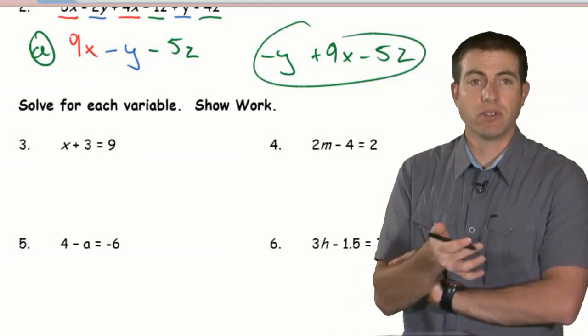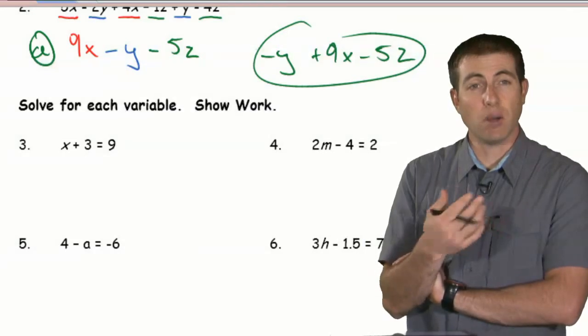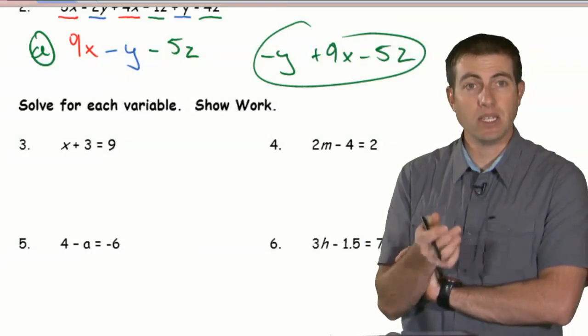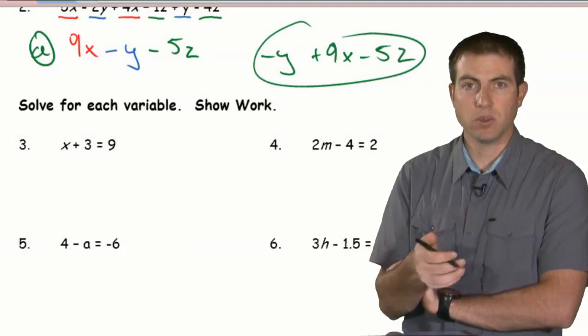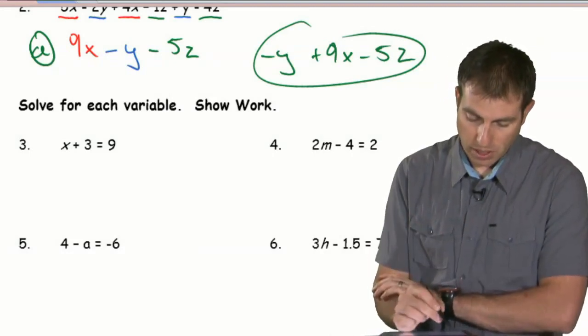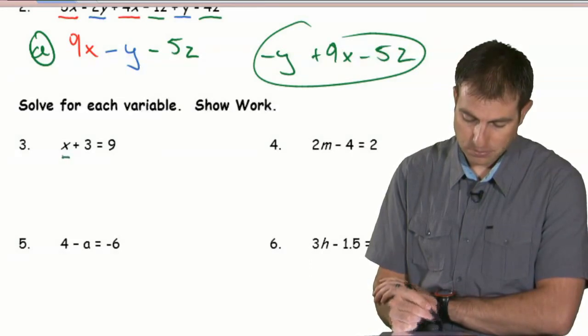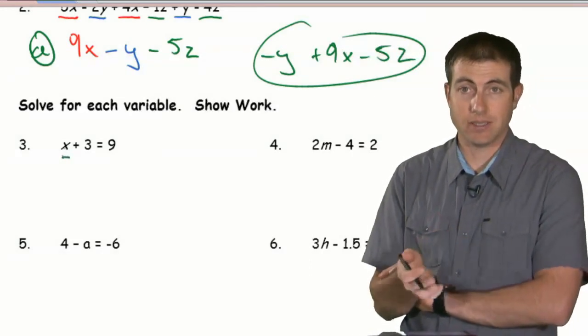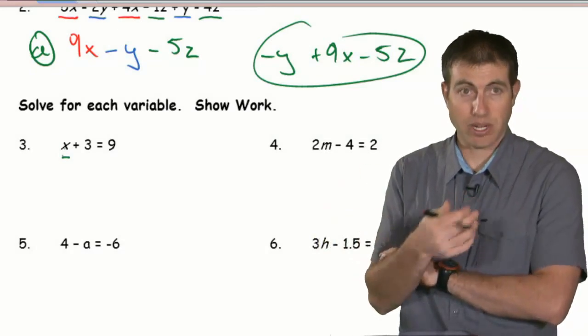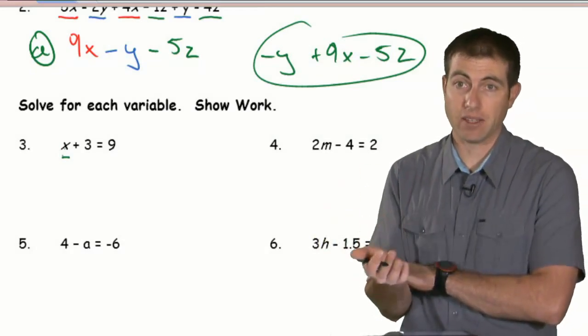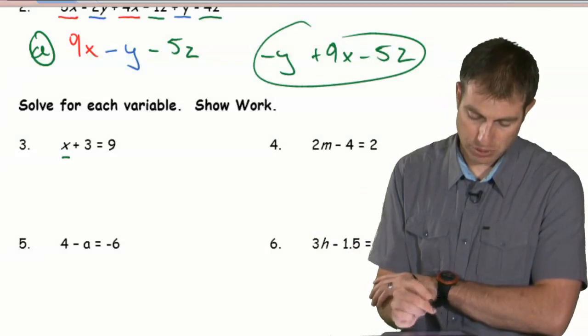Anytime we're solving for a variable, we're always going to do the opposite of what's going on. The main goal is to get the variable by itself. So in this case, number 3 here, our variable is x. We want to isolate it, so it says x equals. In this case, we're adding 3 to it. The opposite of adding 3 is subtracting 3.